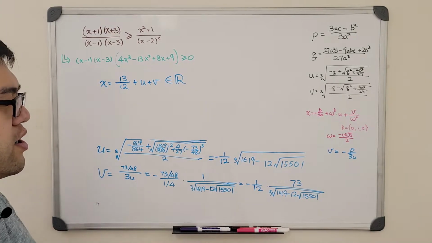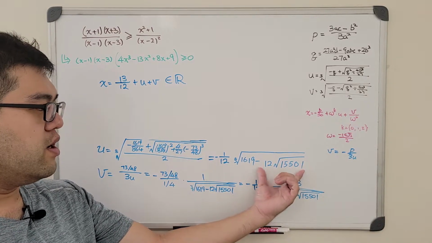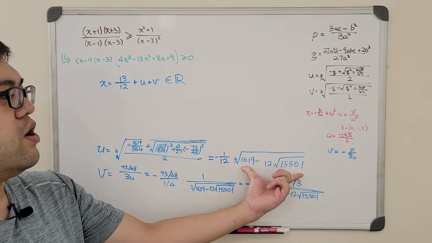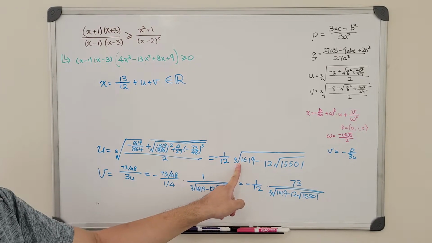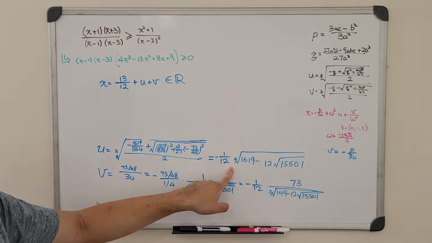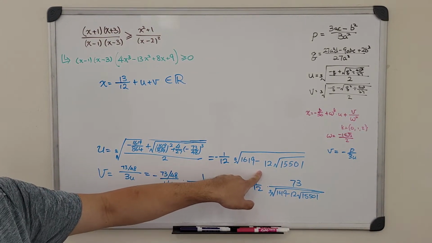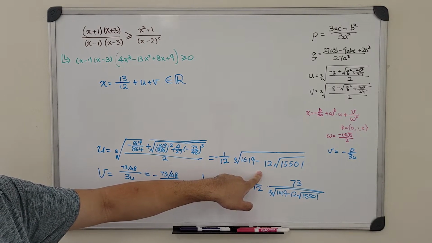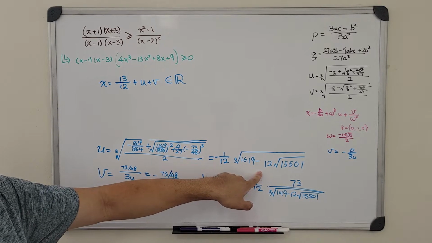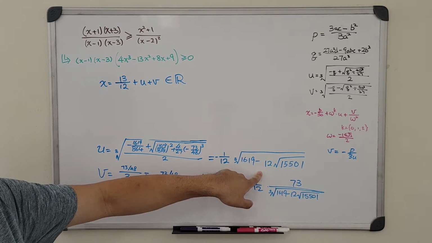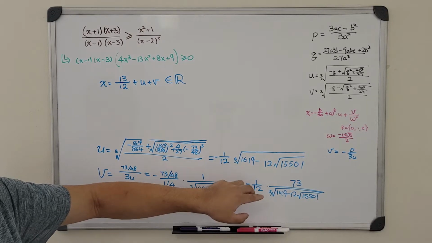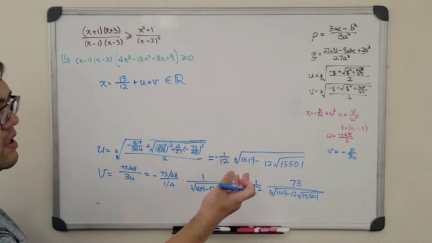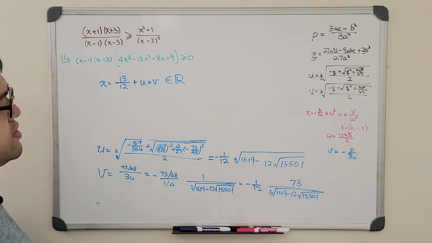Again, our argument is this term is real, so this term is a real number. And even if this is a negative value, we're now taking the cube root. So if we take the cube root, we can guarantee that this is still a real number, because if we take the third power of a negative value, we will end up with a negative value. So we can think of it backward and say that this must exist on the real line.